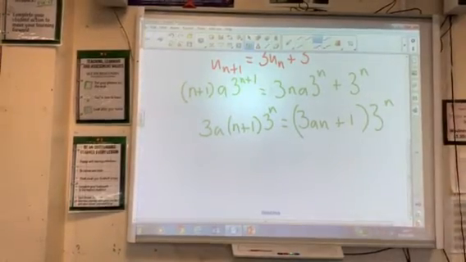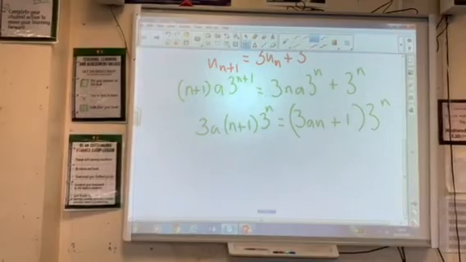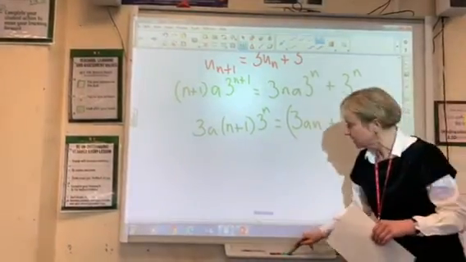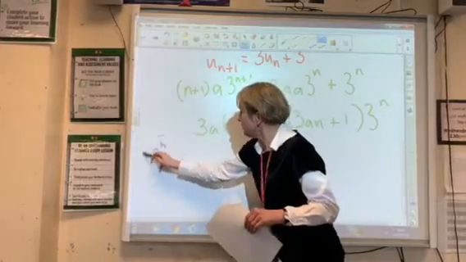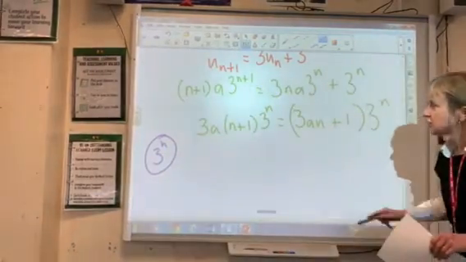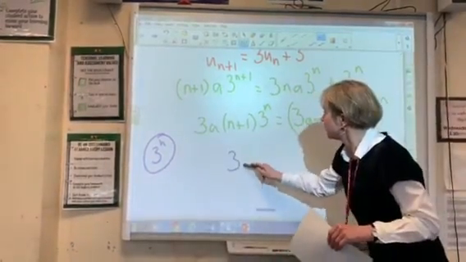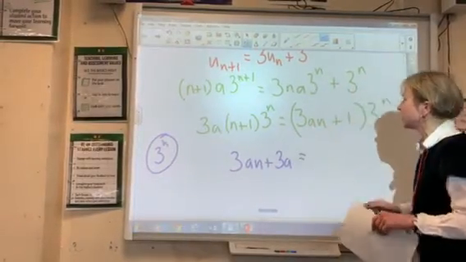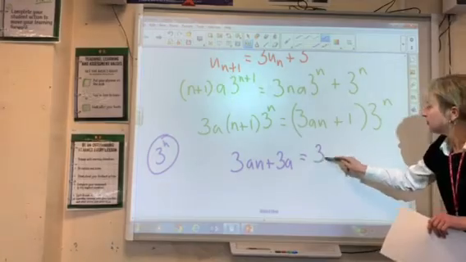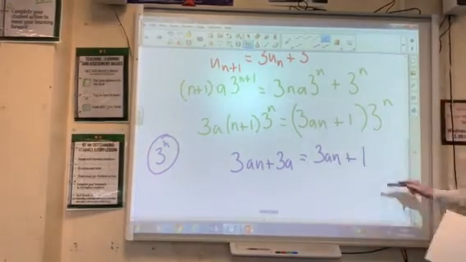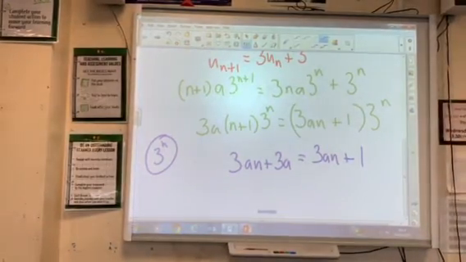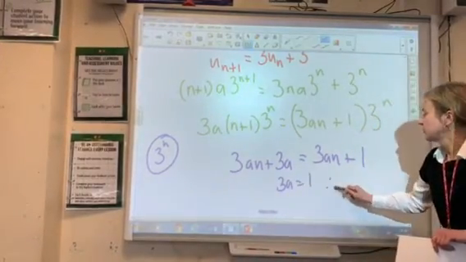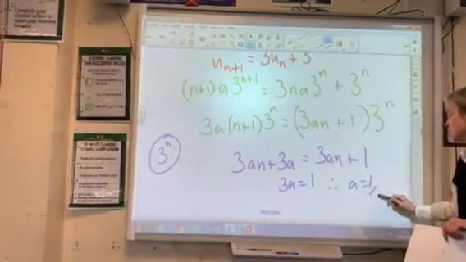So all I've done there is I've rearranged it so I can easily see my coefficients of 3 to the power n. So if I now compare those coefficients, on the left I've got 3an plus 3a, I've expanded that bracket, and on the right I've got 3an plus 1. I can take 3an off both sides, so 3a is 1, therefore a is a third.